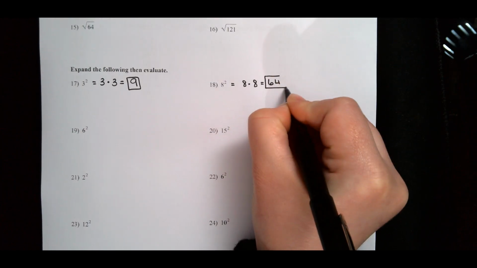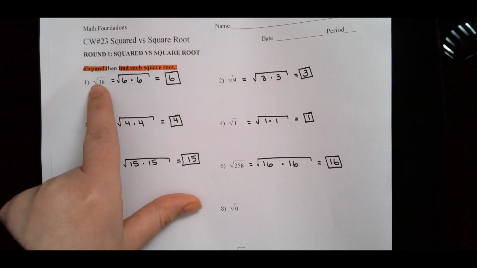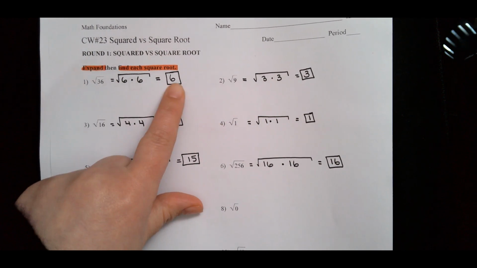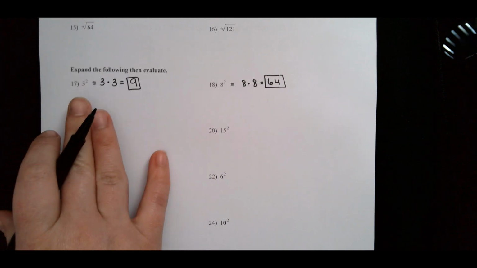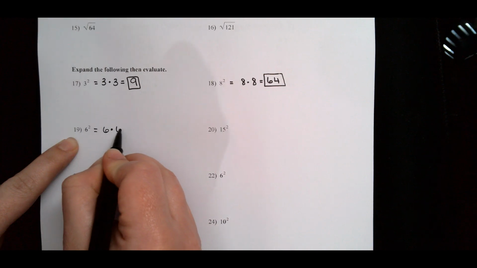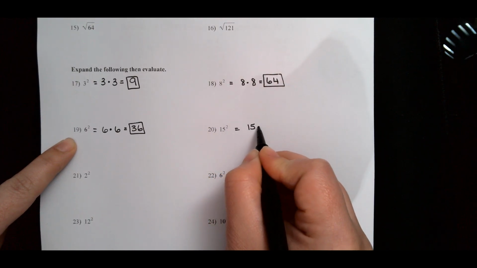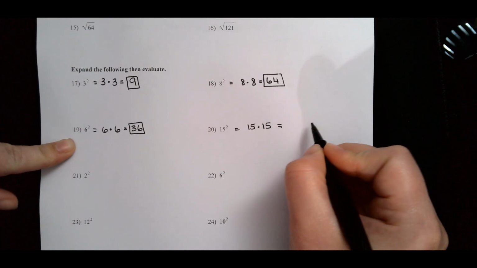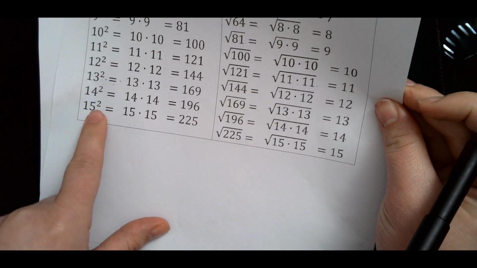So again, the lesson of today is understanding the difference between a square root, where the square root of 36 is 6 and the square root of 9 is 3, versus squared. 3 squared is 9, 8 squared is 64, 6 squared is 36, 15 squared is 225. Now again, I am looking at my cheat sheet here. 15 squared is 15 times 15, which is 225.